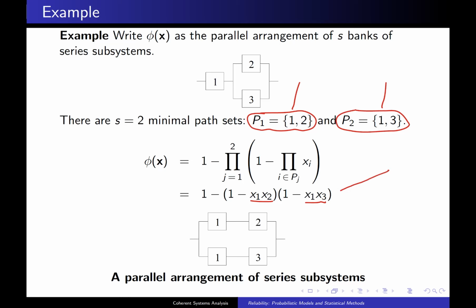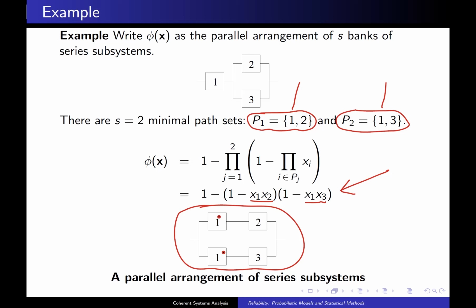When you look at this structure function and write down the block diagram for it, you can see you now have repeated components, and the repeated component in this case is 1. And keep in mind, with a repeated component, these are not 2 different component ones. This is actually the very same component here and here.